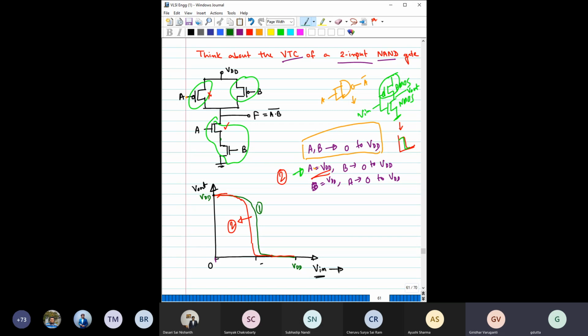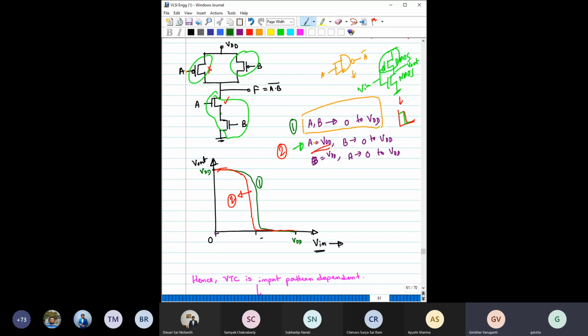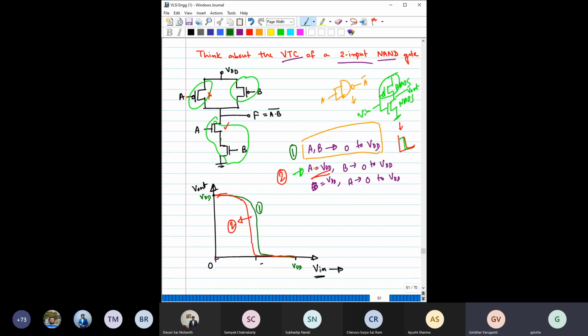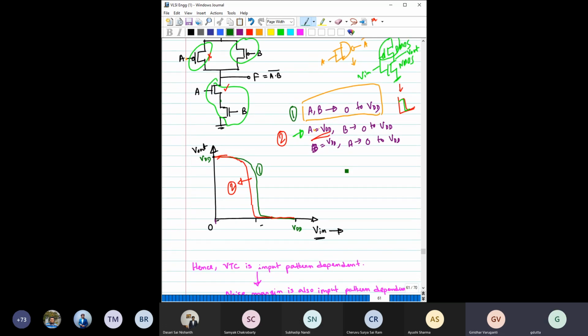but let us not go into those details right now. Let us only understand this part: compared to case 1, the VTC for case 2 or case 3 would be different, right? For case 2 and case 3 would be different. Because depending on the values, you are changing the relative strength of this PMOS and NMOS, meaning the strength of the pull-up network and pull-down network, right?